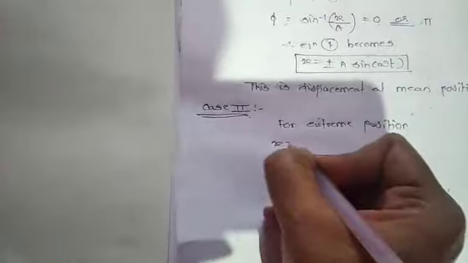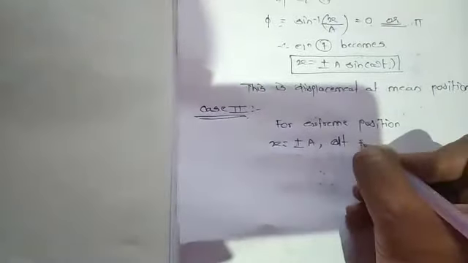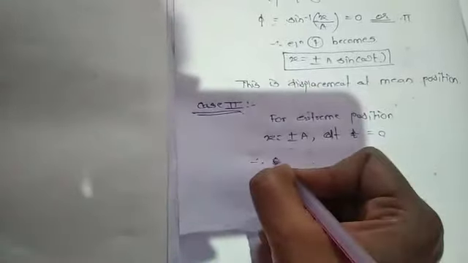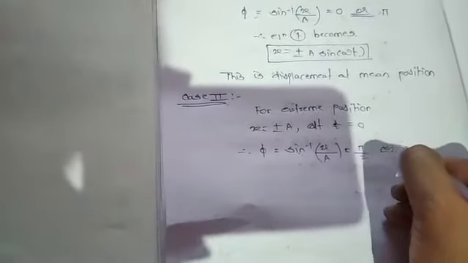So for the extreme position x is equal to plus or minus a, that is the amplitude, at t is equal to 0. Therefore phi is equal to sine inverse of x by a, which is equal to pi by 2 or 3 pi by 2.